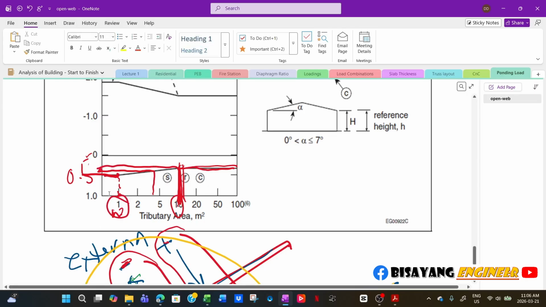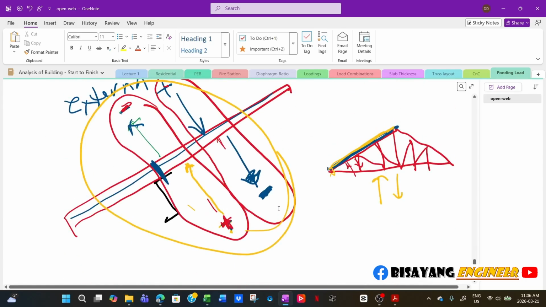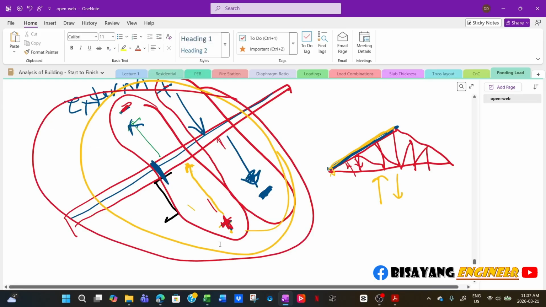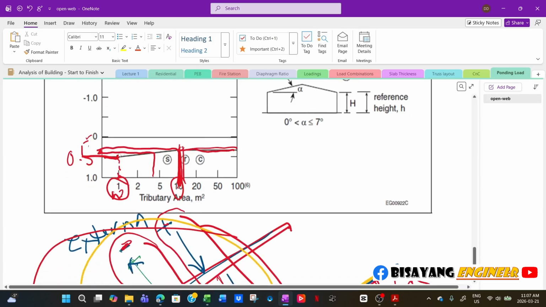But how you arrive at the value is simply the same calculation as this one. You just add the two. The only difference is you are now using a tributary area of 10 square meters, which will give you a lower coefficient of CPCG.